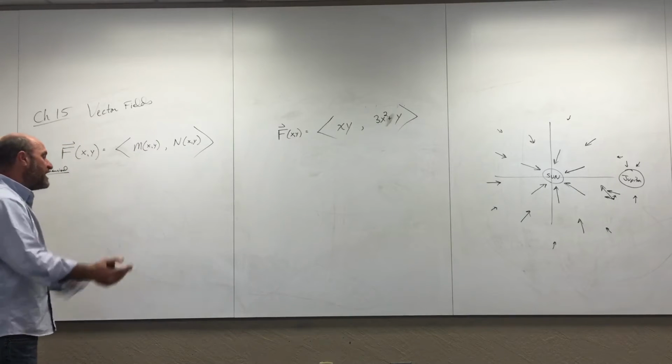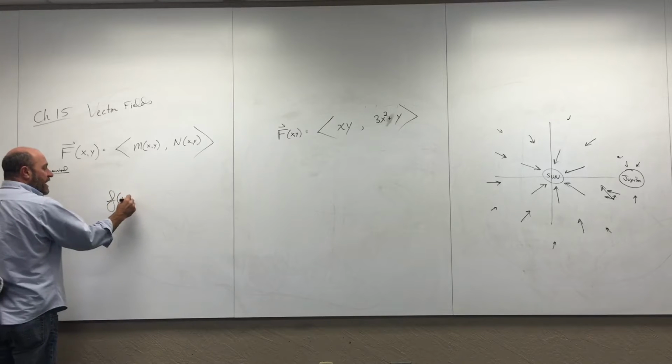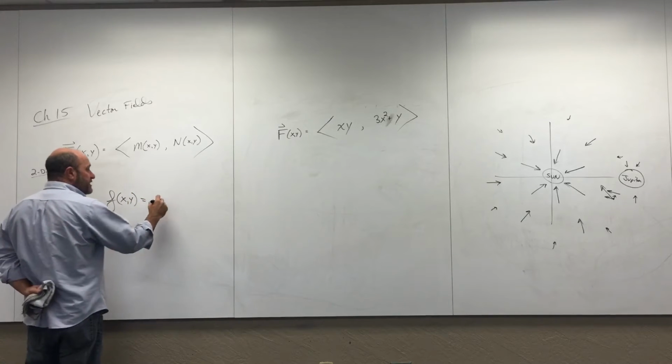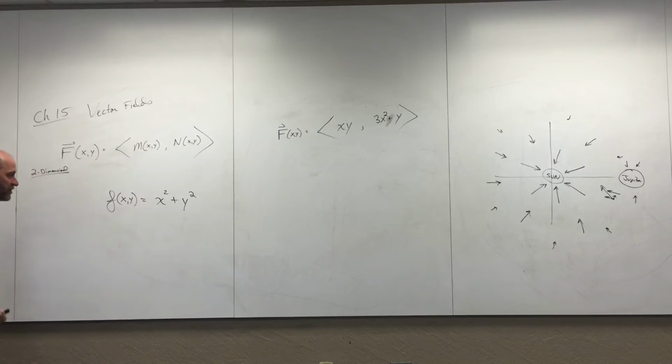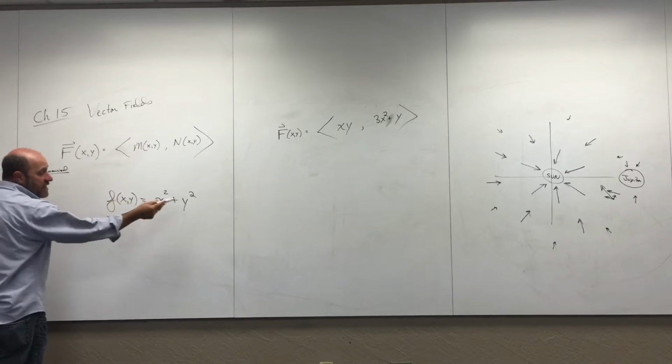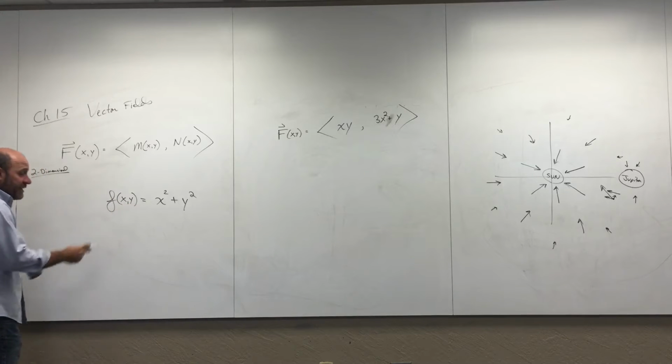Well, you know what? We've already studied vector fields, but we never knew it maybe. When I gave you a function like this, this was just a scalar function. By the way, it's z equals, a surface in space, a paraboloid, to tell you the truth.